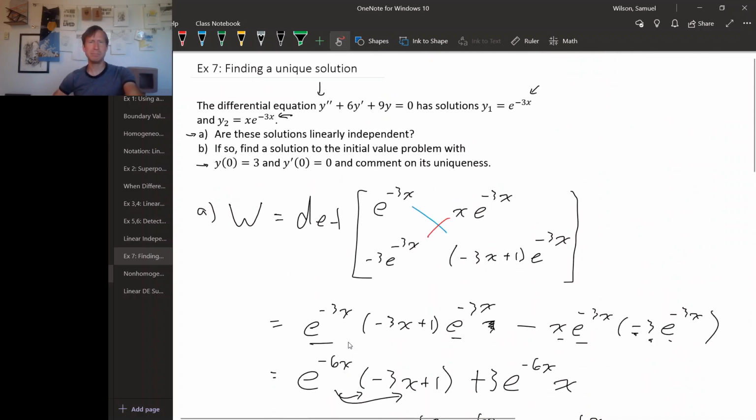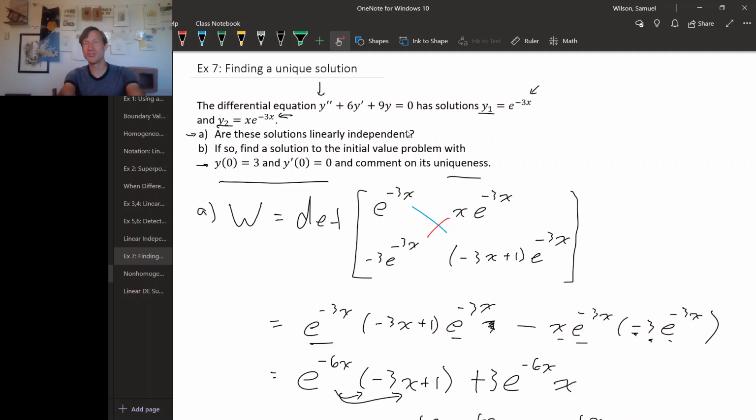So part B was find a solution to this initial value problem and comment on its uniqueness. Well, because we can apply that uniqueness theorem, we already know there's going to be a unique solution to this initial value problem. And because we found a fundamental set, we know that the unique solution will be among the combinations of these two solutions, y1 and y2.